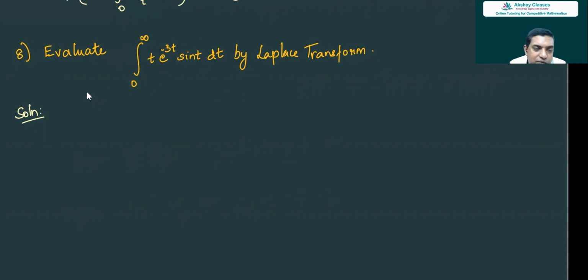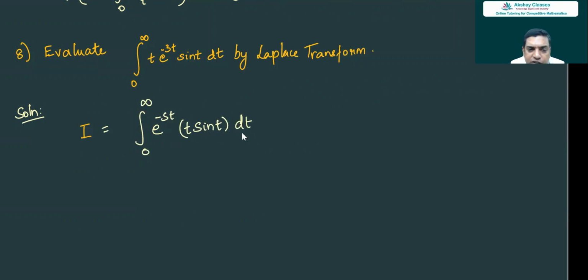So this itself is a Laplace transform. If you see this, we can write this integral as the integral e power minus st into t sine t dt, integrating from 0 to infinity.